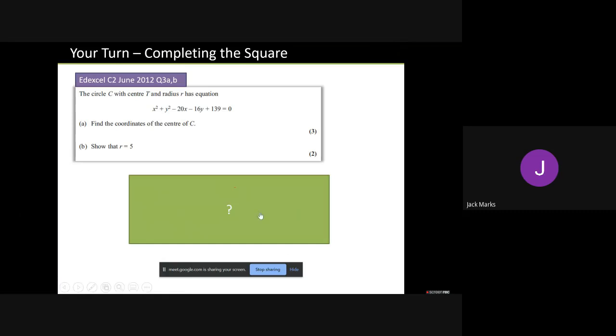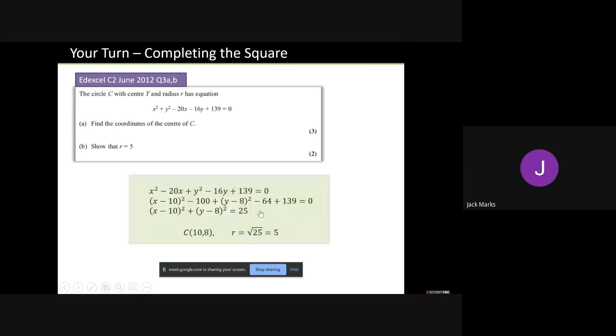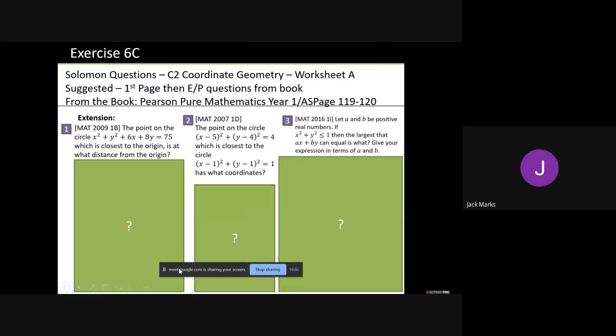And I'm assuming that you've done that now. So the same technique: collect the x's and the y's, move the numbers to the other side, and don't forget to state what the center is and what the radius actually is. And that takes you to the end of 6C.